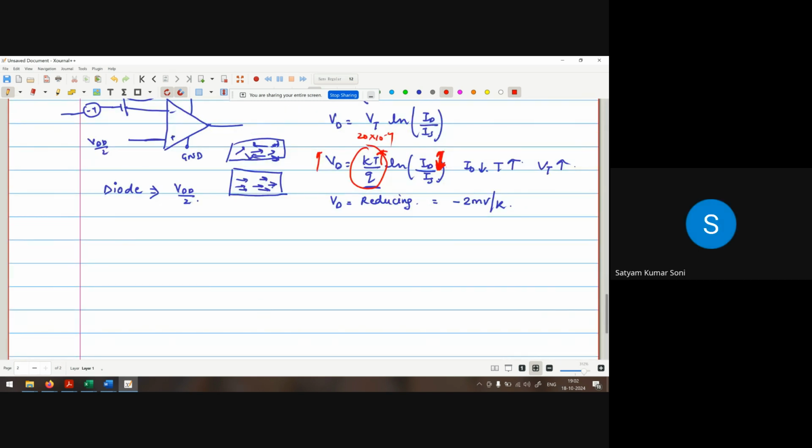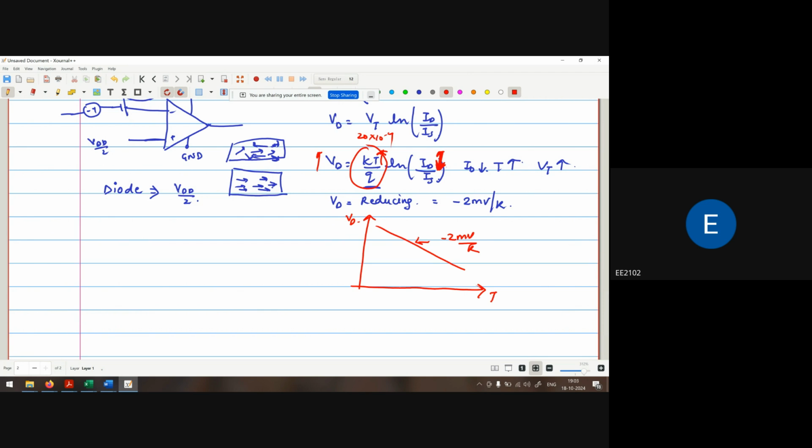Yes, sir, clear. Okay. So if I draw the curve between VD and temperature, my curve will be like this. This is the slope, and the slope is minus 2 millivolt per Kelvin. As we increase the temperature, my VD decreases.